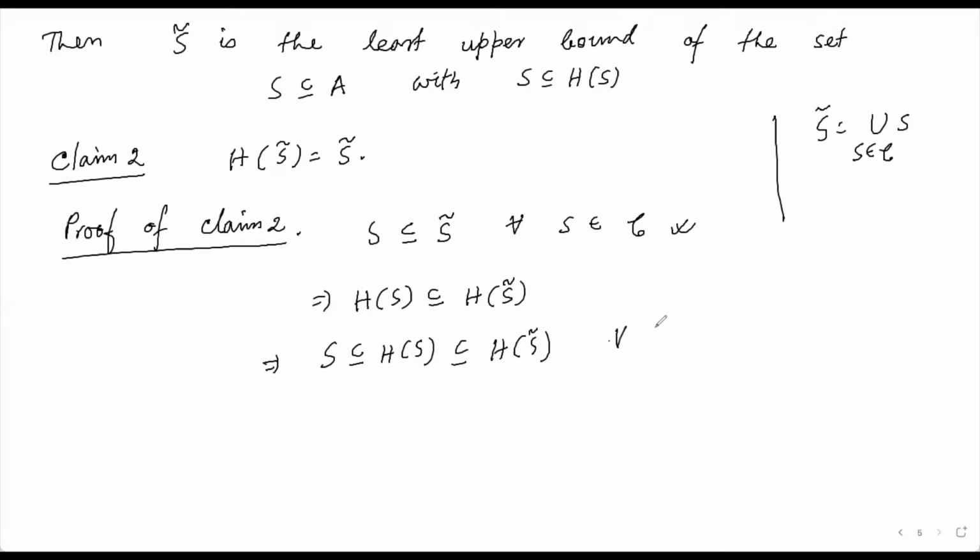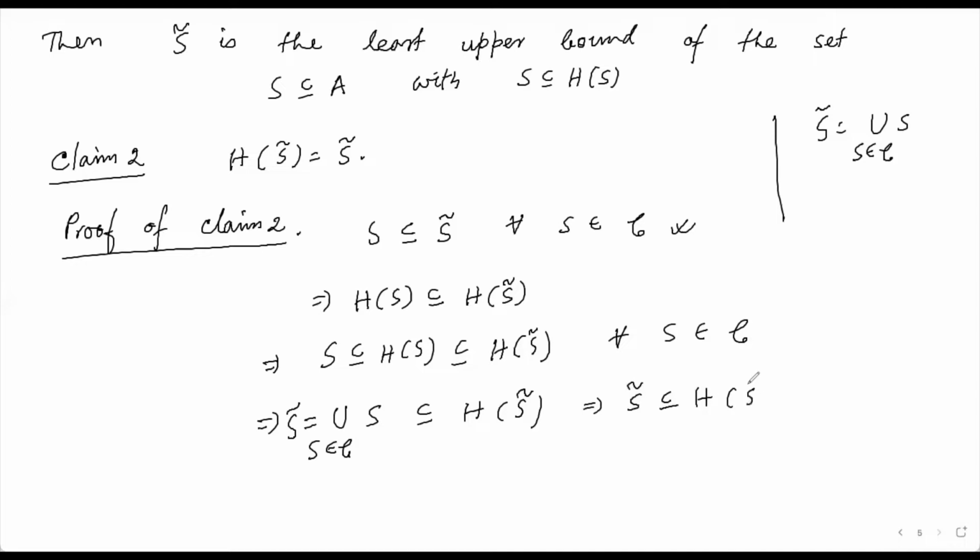This happens for all S belongs to script C, and therefore we have the union over S belongs to script C is a subset of h of S tilde, and this is nothing but S tilde. So therefore we have S tilde subset of h of S tilde. So in particular S tilde belongs to script C.